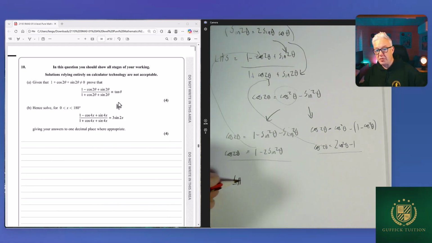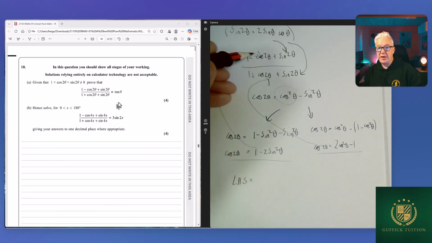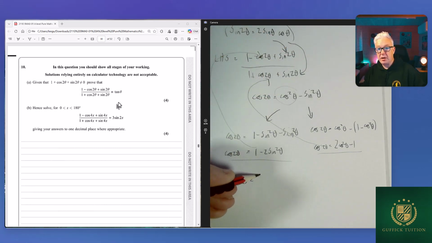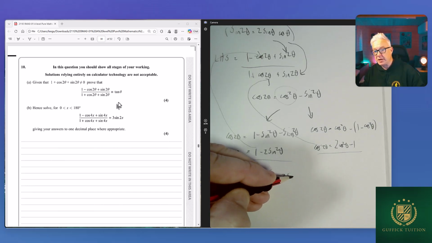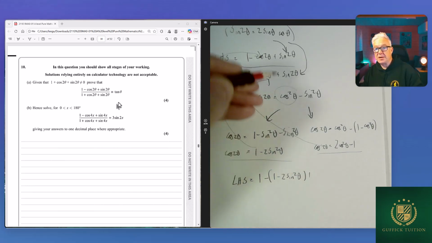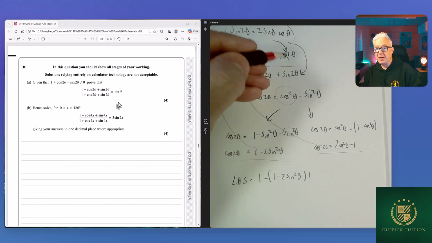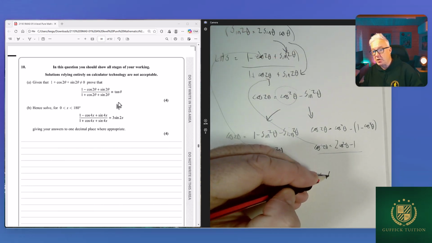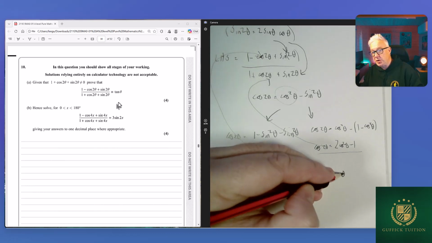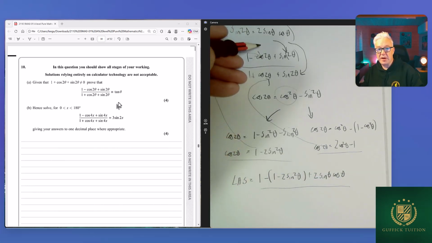So now our proof goes that left-hand side is now equal to all of that, and then the next line is 1 minus this expression here: 1 minus 2 lots of sine squared theta, plus sine 2 theta, which is 2 lots of sine theta cos theta. We're just using the double angle formula to replace everything here.